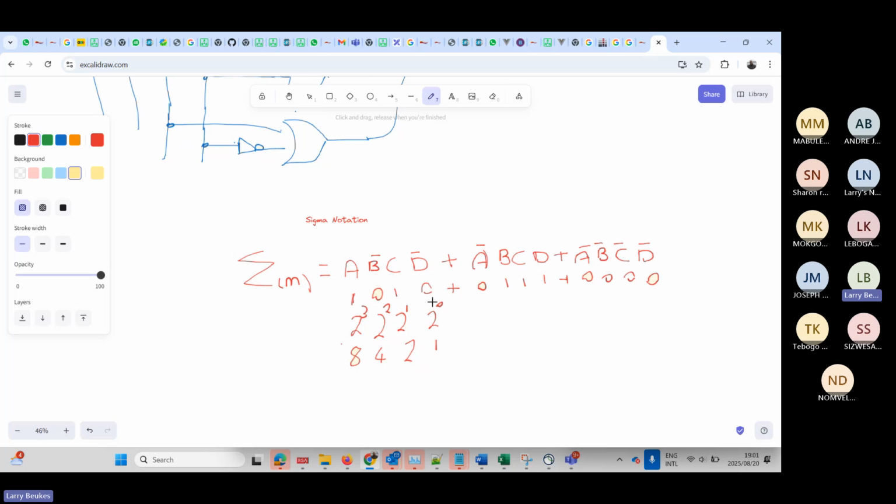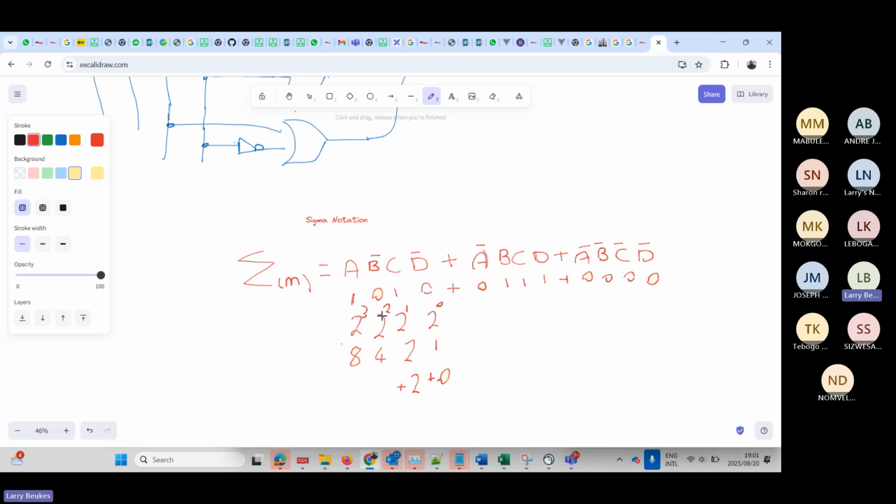Okay, then 0 multiplied by 1. So here I'm saying this bit is not present. So 1 is not present. So here I'm going to get a 0 plus, then 2 is present. Others say 1 multiplied by 2 or 2 multiplied by 1. So 2 is present, right?